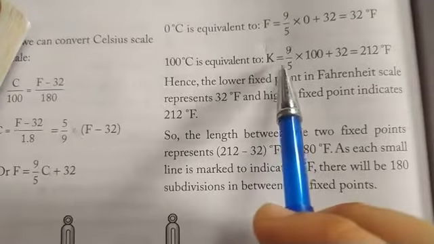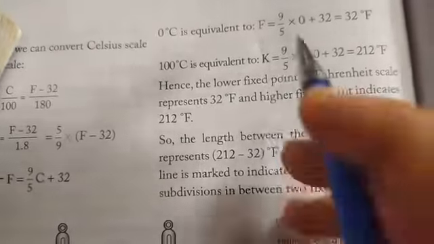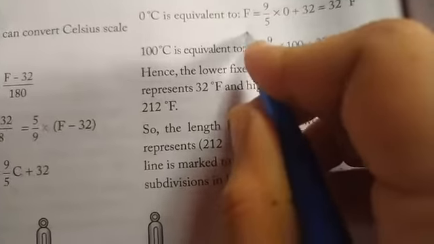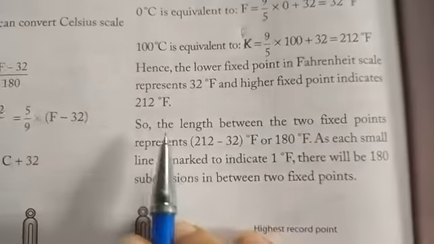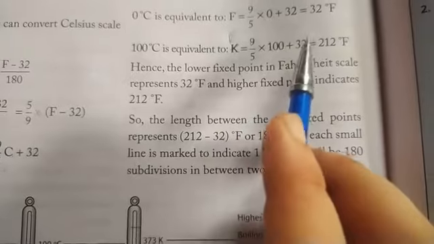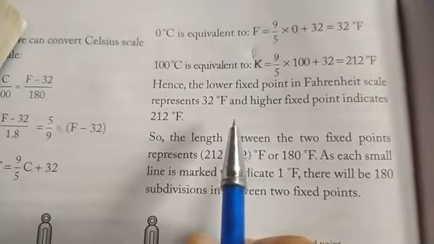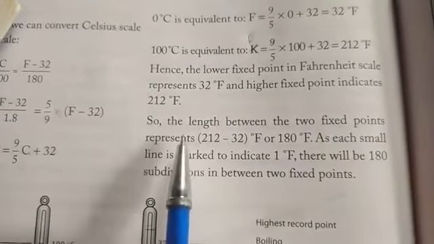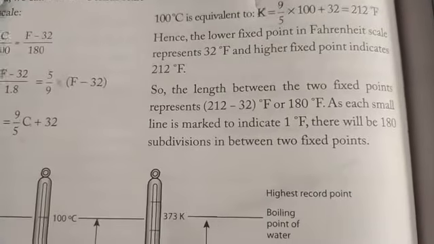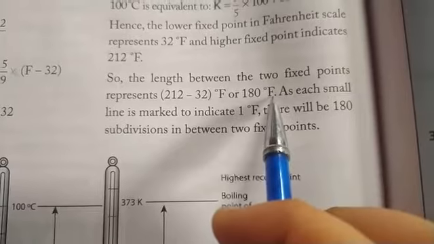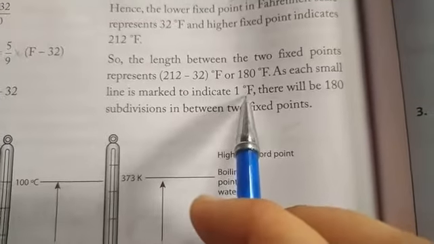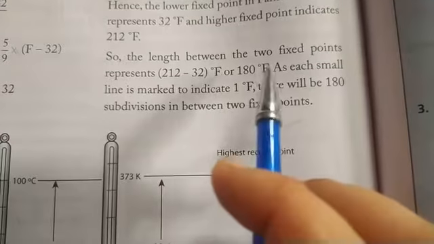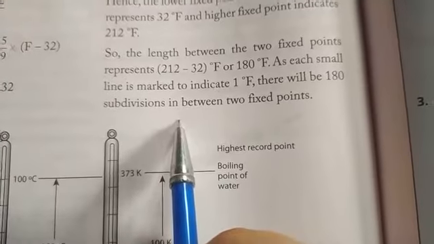And 100 degrees Celsius is 9 by 5 multiplied by 100 plus 32, which is 212 degrees Fahrenheit. So the lower fixed point is 32 degrees and the upper fixed point is 212 degrees Fahrenheit. The length between the two fixed points is 180 degrees Fahrenheit, and each small line is marked as 1 degree Fahrenheit, so there will be 180 subdivisions.